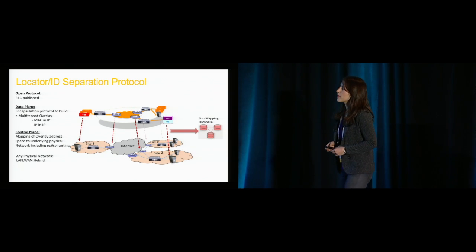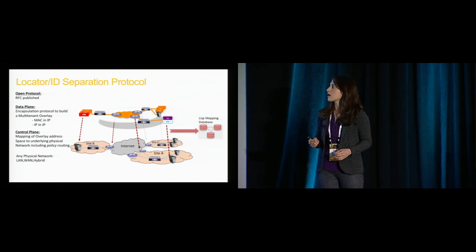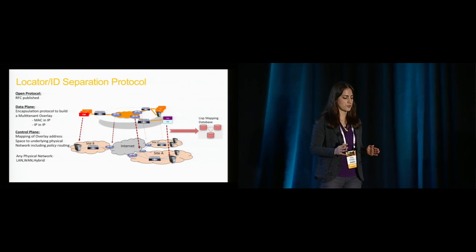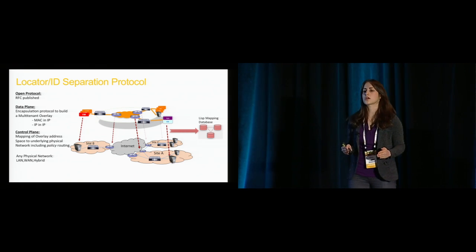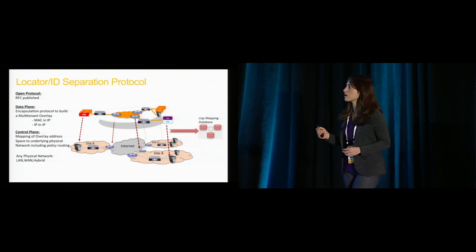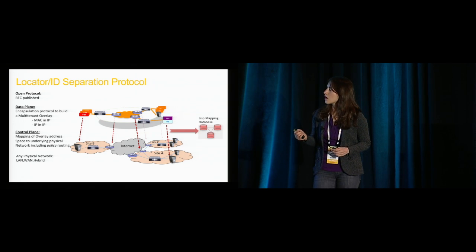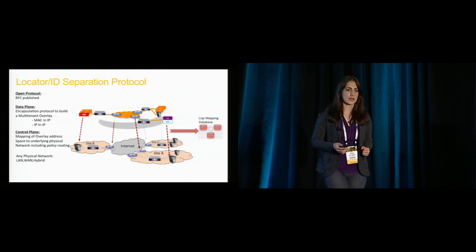To get a little more detail, there are two planes. There's a data plane, which is basically simple encapsulation and multi-tenant overlay encapsulation. It can do MAC and IP and IP and IP.